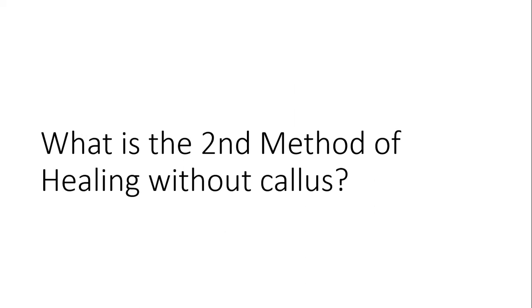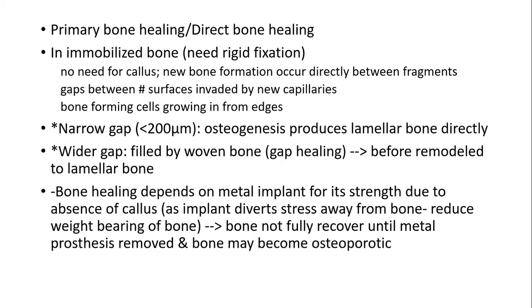And what is the second method, healing without callus? This is the second method, usually primary bone healing, which is direct bone healing. In immobilized bone, which needs rigid fixation, there is no need for callus.